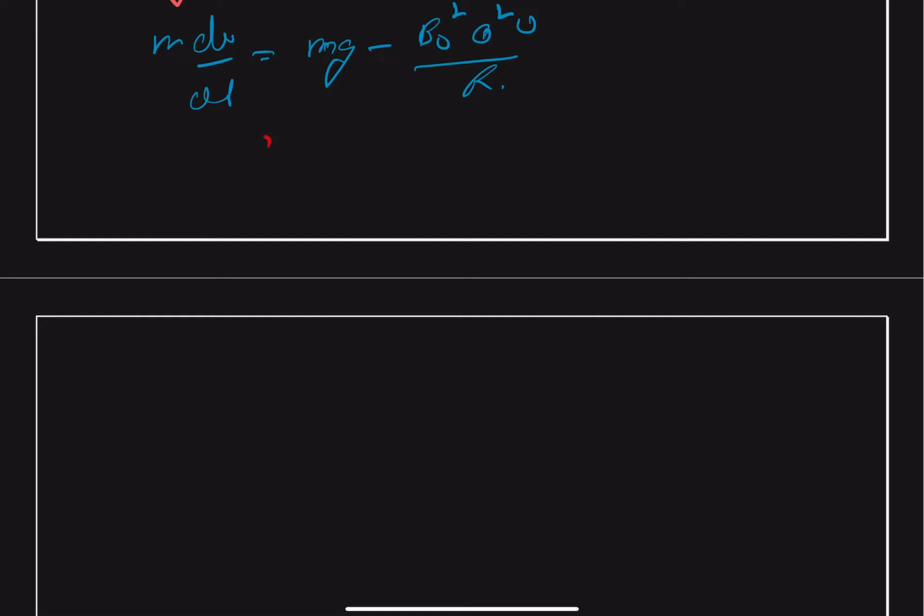We can write dV upon mg minus B naught square A square V upon R is equal to dt upon m.